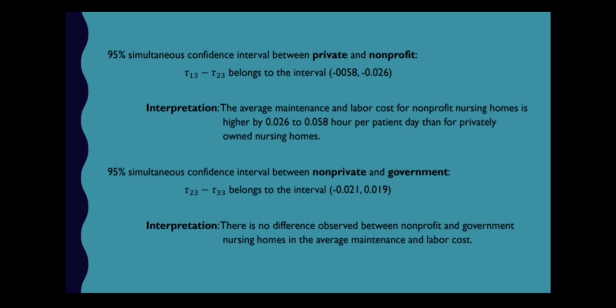Okay, let's see the third one. When we want to look at the confidence interval or the significant difference between the second population and the third population. Okay, so from the confidence interval that we get, the value will be negative and positive. Means that the zero will be in this interval.